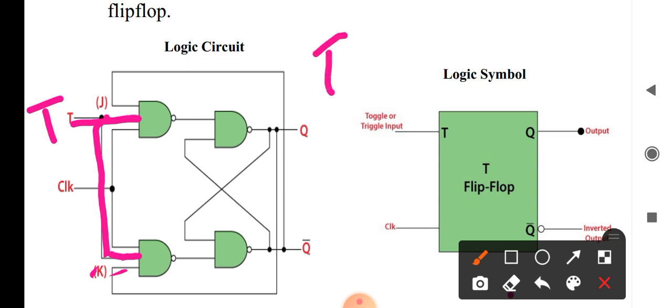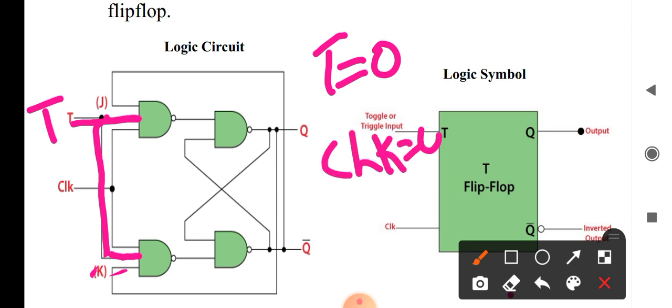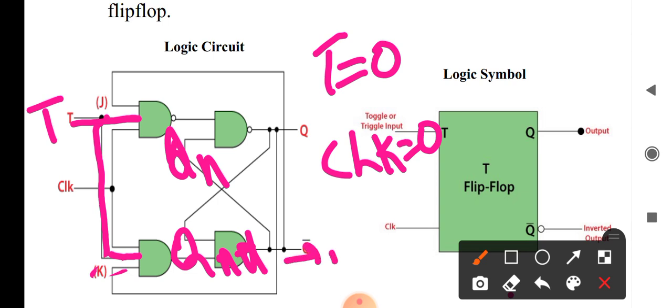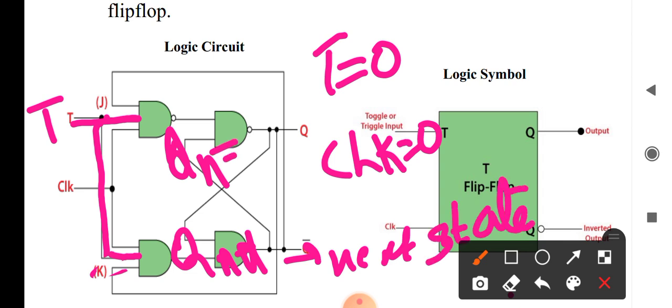Why? Because when T is equal to 0 and clock is equal to 0, the flip-flop stays at the present state. The previous state we call Qn plus 1, or the next state, and this will be your present state.